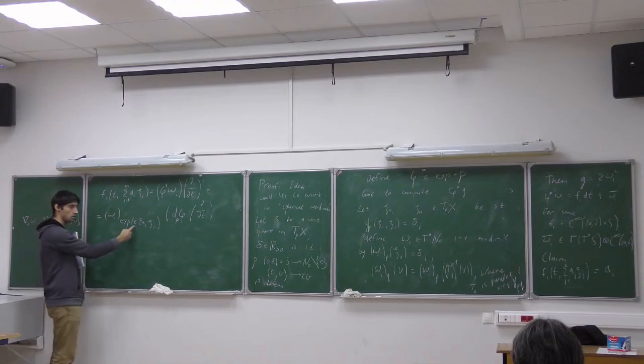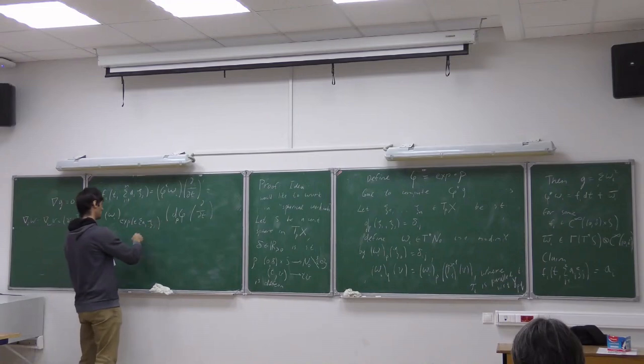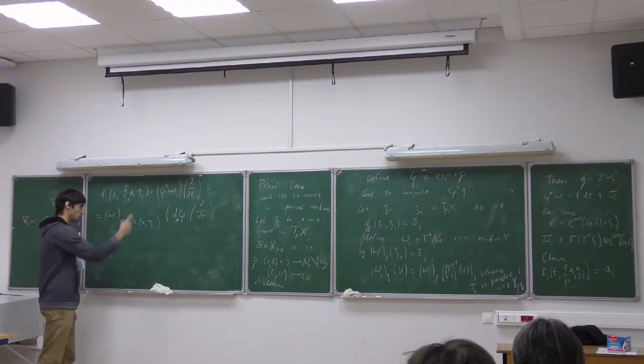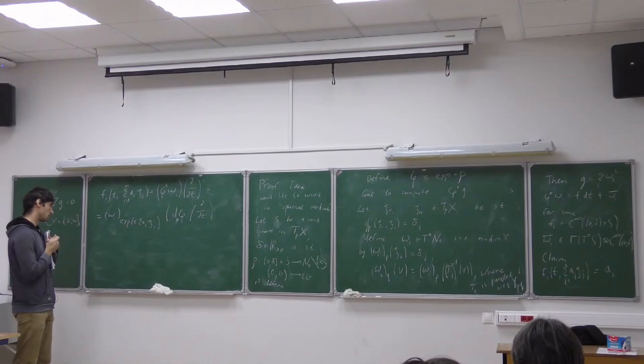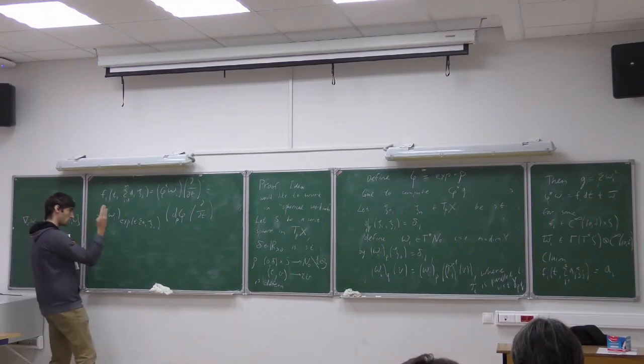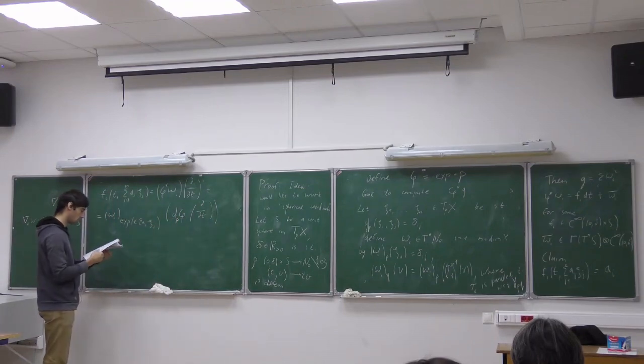P corresponds to t equals 0, right? And the differential of this, d over dt at t equals 0, gives me a tangent vector at this point. And so my omega is applied to this tangent vector.